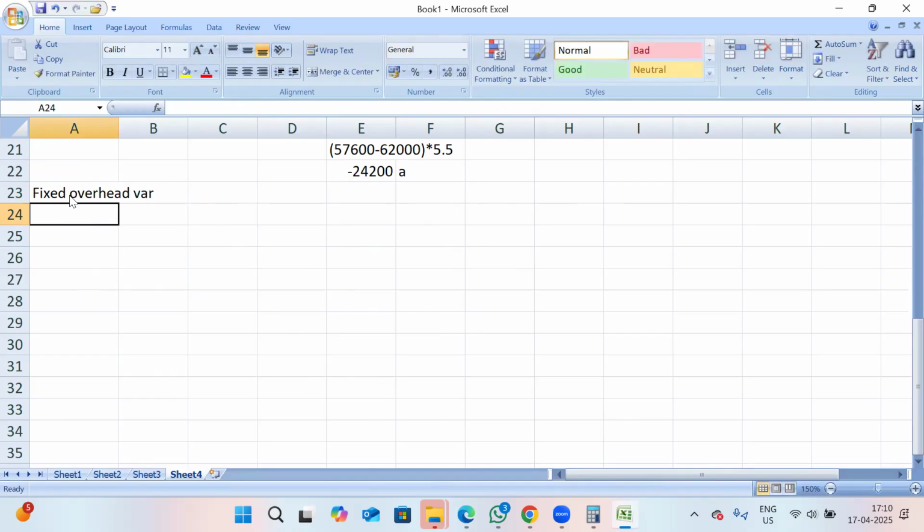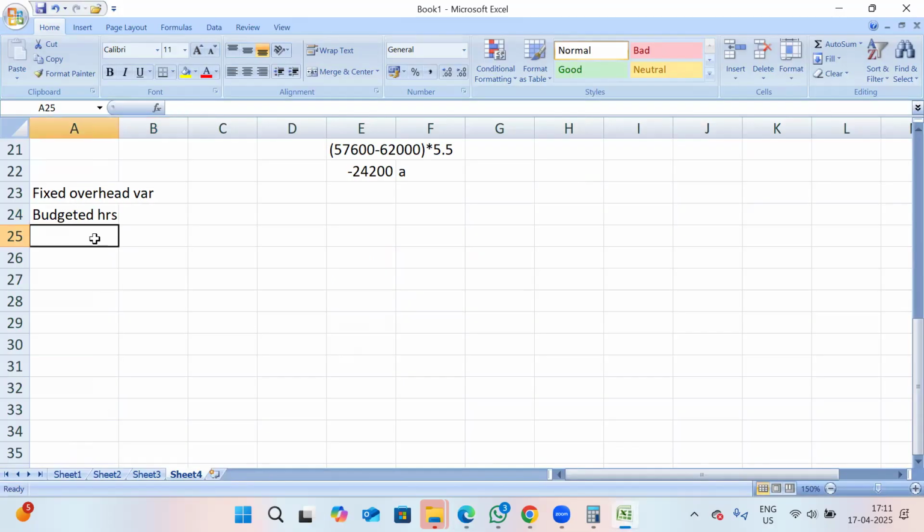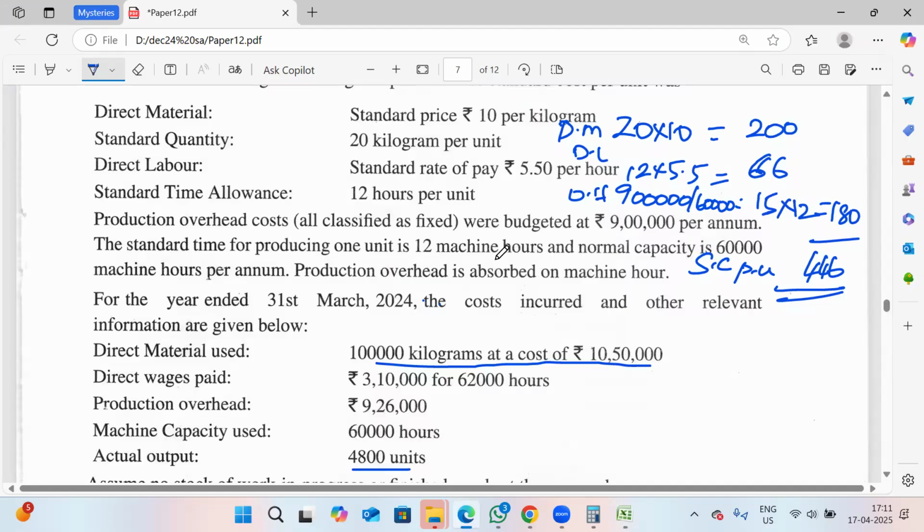So first, for fixed overhead, we need to know what our budgeted hours are. Here I have 9 lakh rupees as budgeted overheads, for 12 machine hours per annum, fine. Here we have standard time for producing 1 unit, 12 machine hours, normal capacity 60,000.